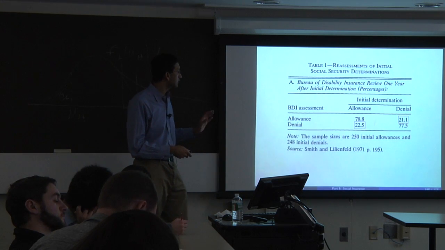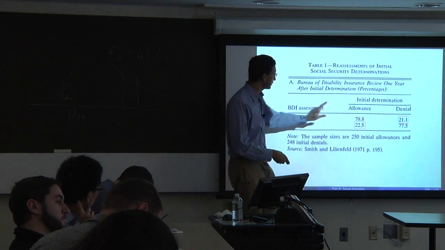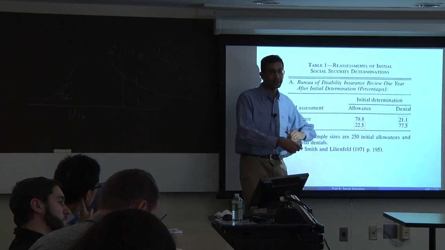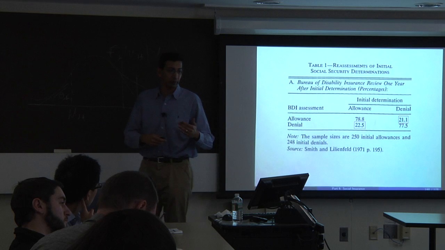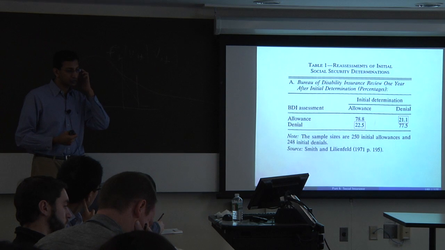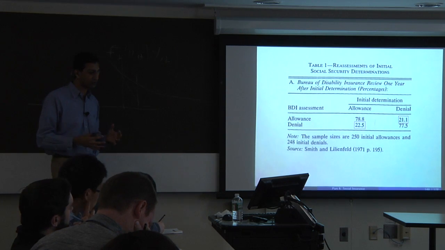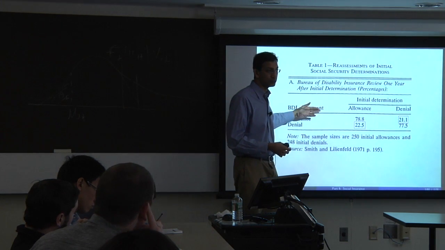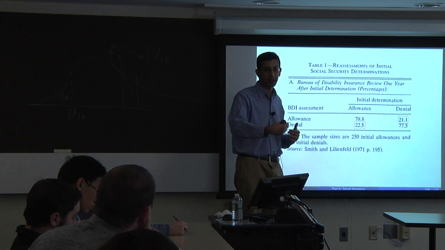They were initially determined to either be allowed to get DI, to be eligible, or their case was denied. Then, to test whether the system is working properly, they took the same set of cases, 500 cases, and gave them to a different set of medical experts and asked them, are these people eligible for DI or not?